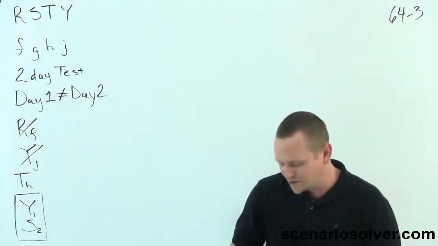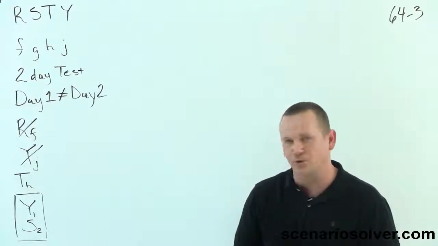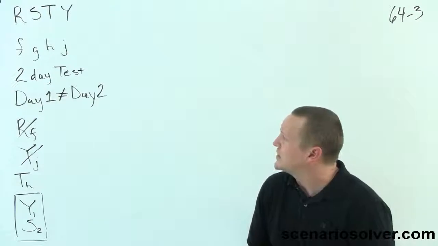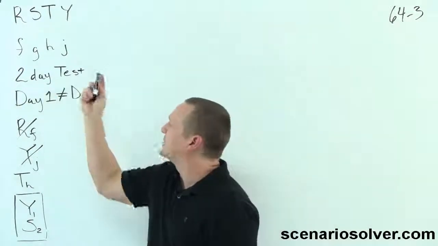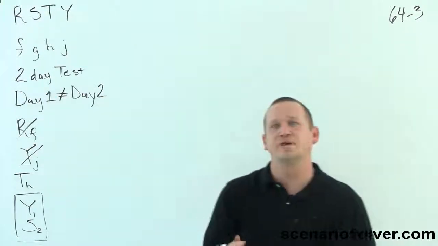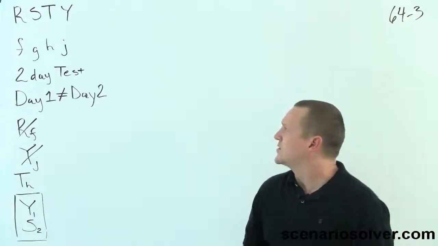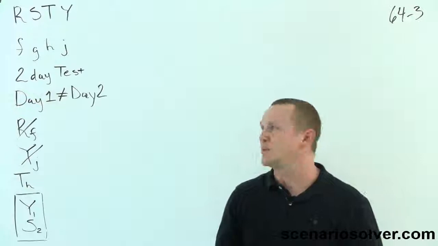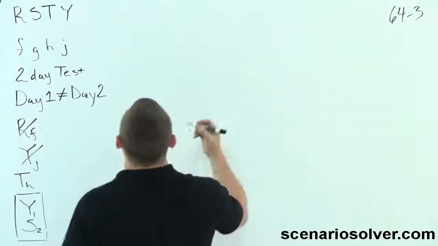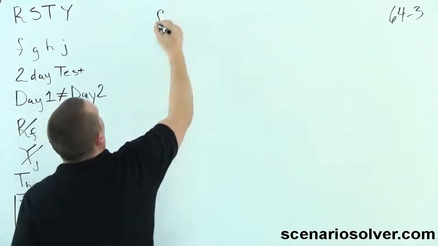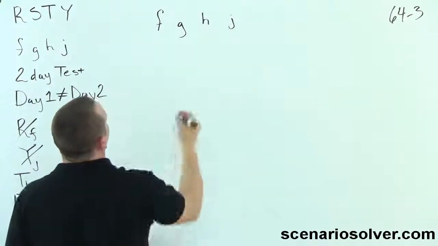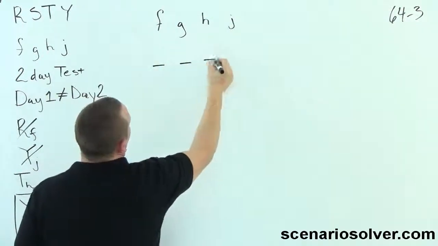The trick to this logic game, however, is to go ahead and create an order with the bicycles. F, G, H, and J, they're alphabetically in an order. We want to think of them like 1 through 4. So the intuitive awkwardness to this game is basically the setup. The way you want to set up this game is you want to have F, G, H, and J on top, and then 1, 2, 3, 4.